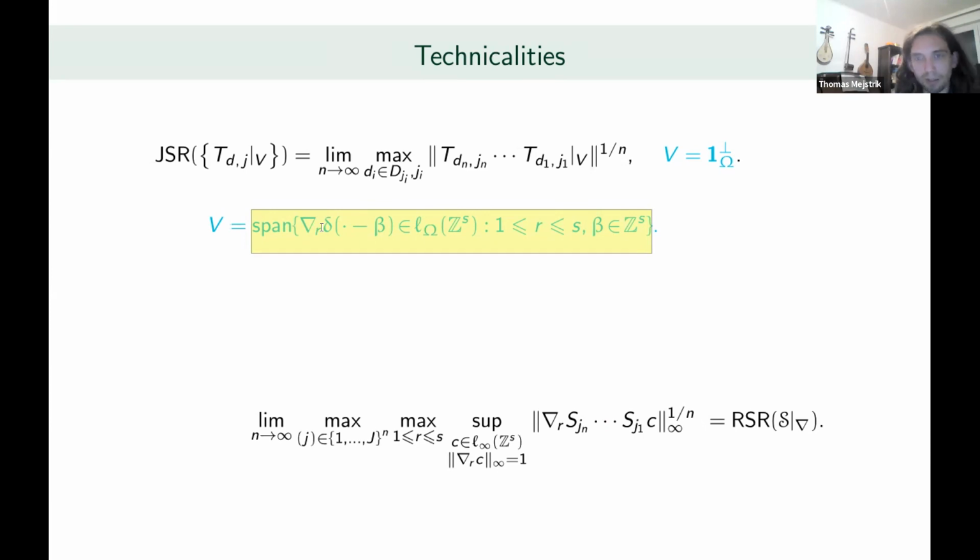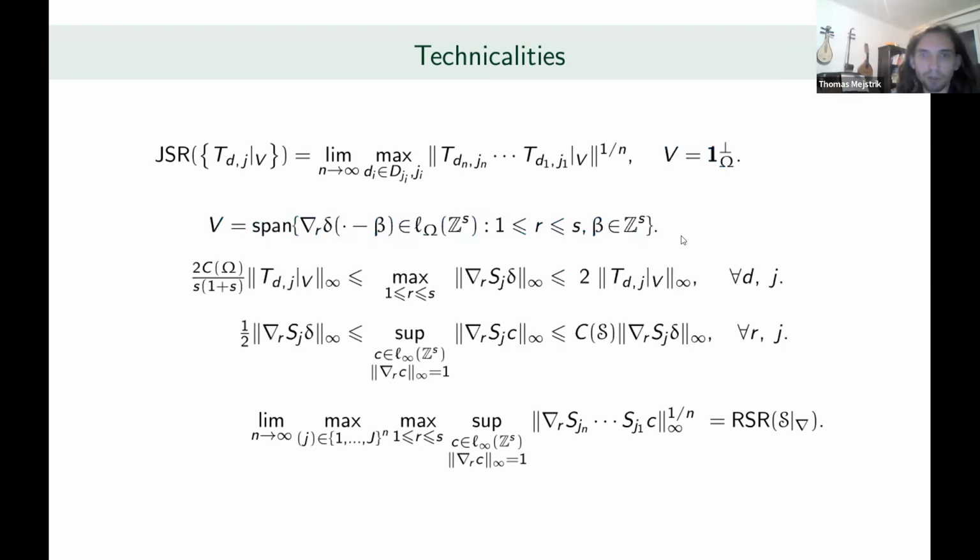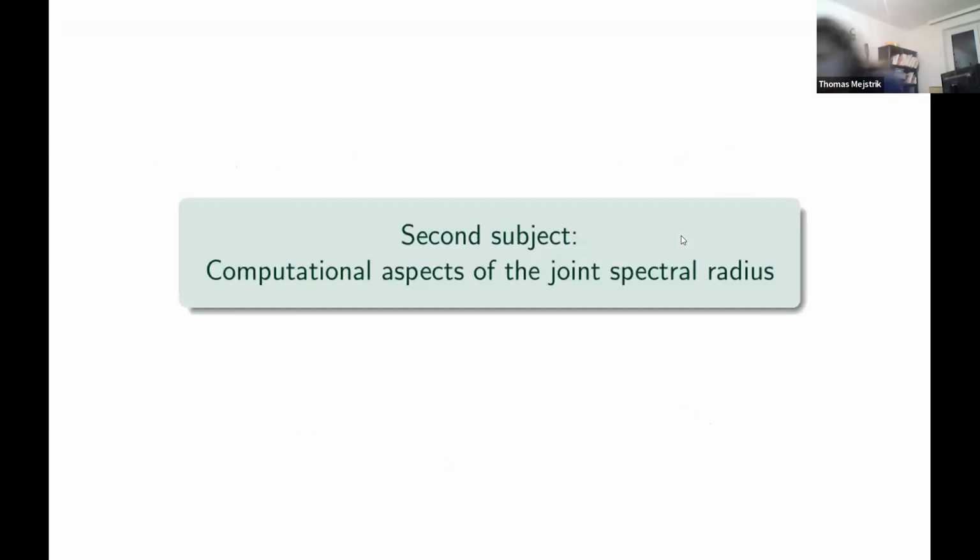So there are some small conditions on omega, but they are quite technical and boring, so nothing deep. And if we have this, one can show all norms which arise in this equation are equivalent, and so on. We are done.